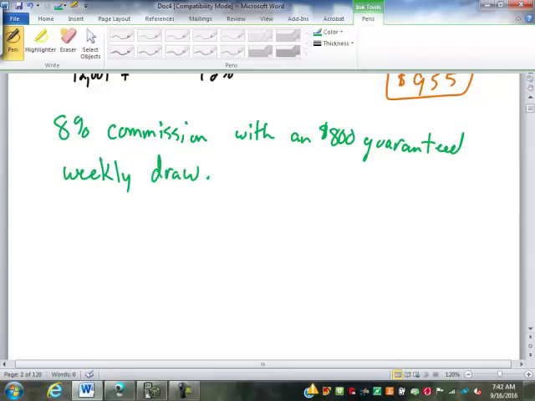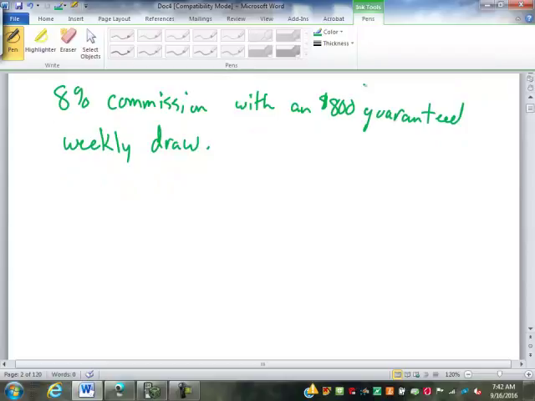The way it was always described was, you're guaranteed every week to get $800 minimum, no matter how much you sell. But notice it's not an $800 salary, it's an $800 draw, they call it.